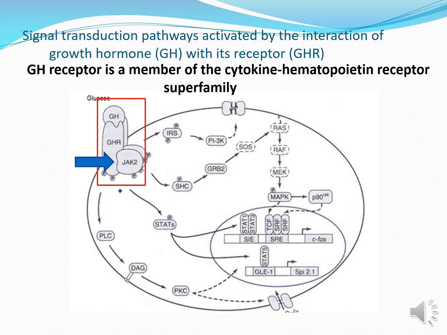These events result in the activation of a number of signaling pathways, including STAT protein phosphorylation and gene transcription. The second pathway is SHC and growth factor receptor bound protein 2, and this leads to the activation of MAP kinase pathway.